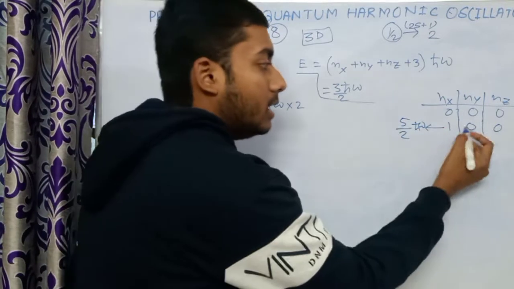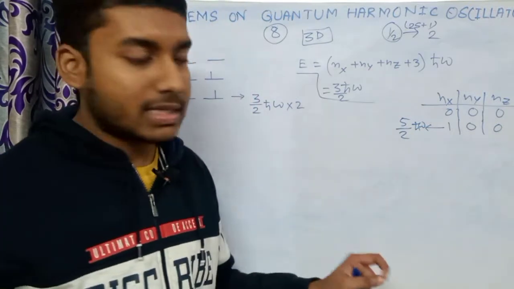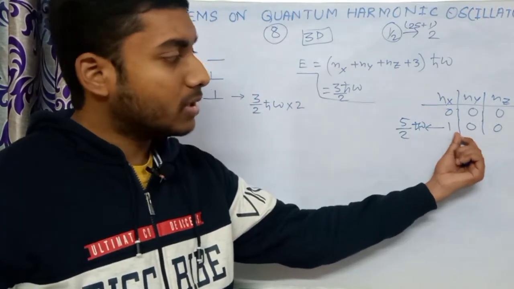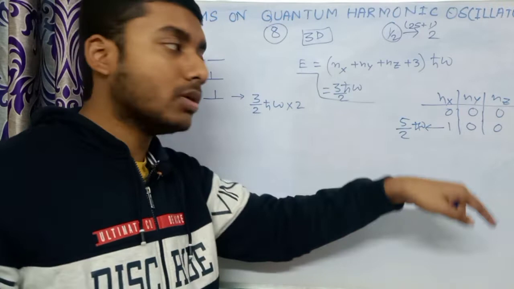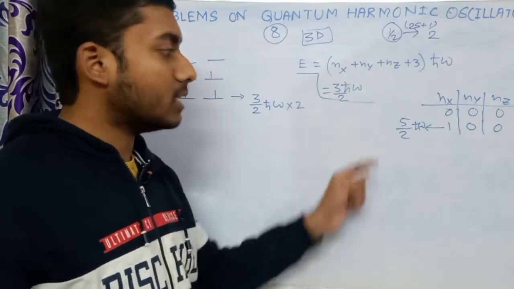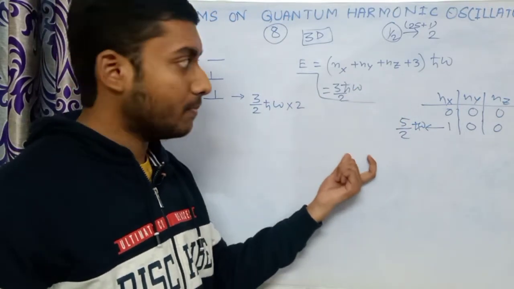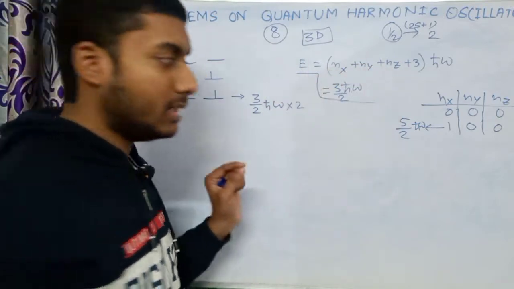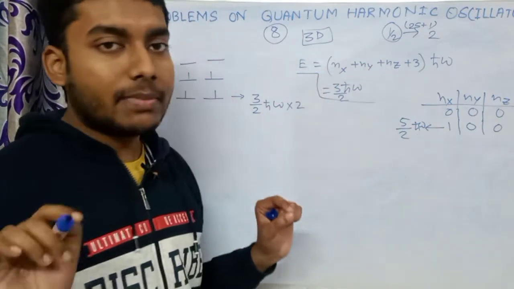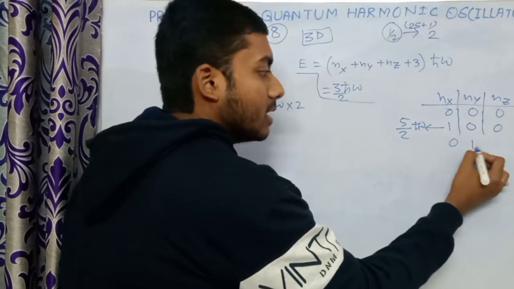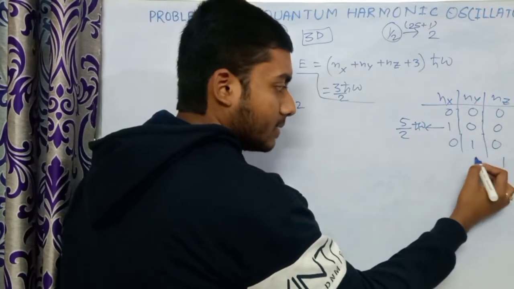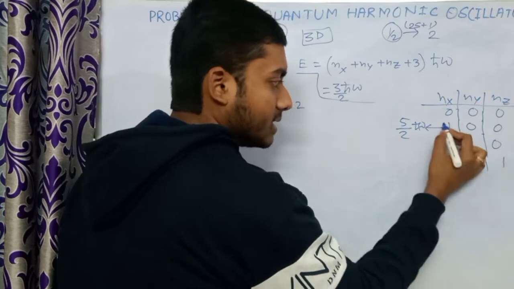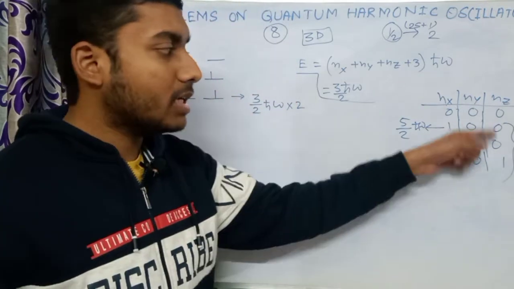Now you can easily understand that if we permute these three numbers, then we will also get the same amount of energy for that state, because using this formula you can easily understand that. So that means this and this, all these three states are what?